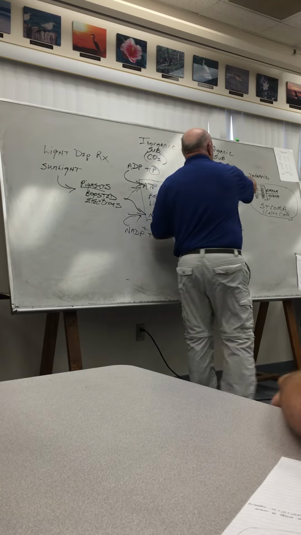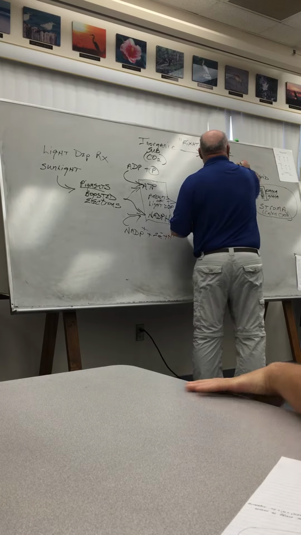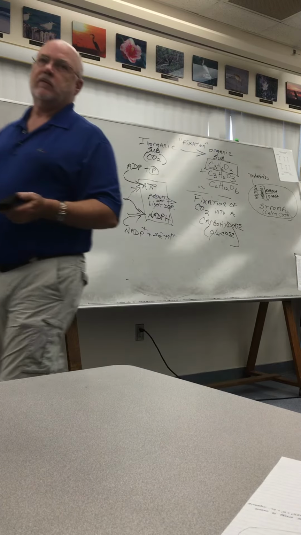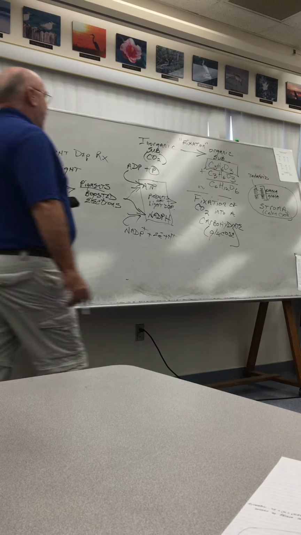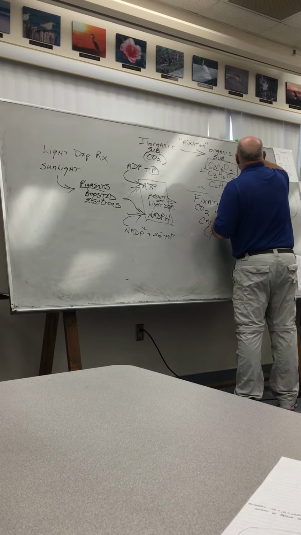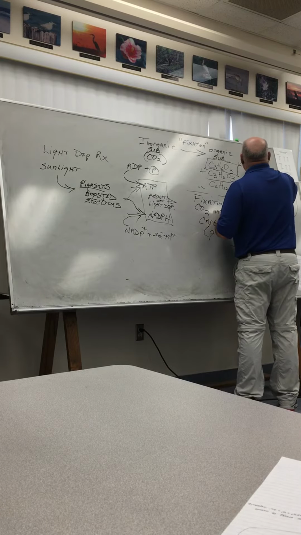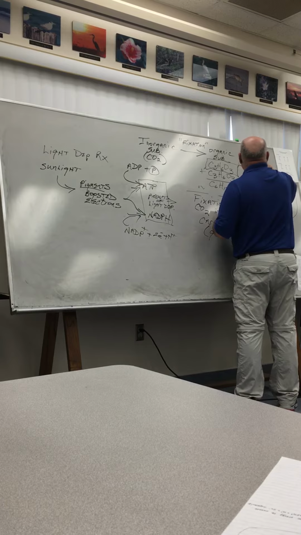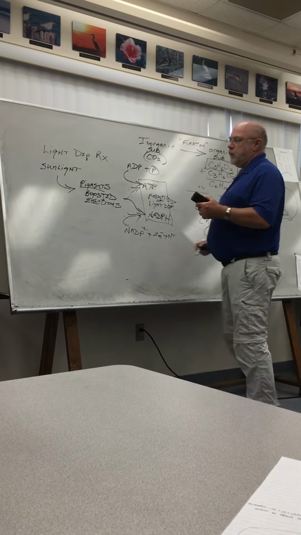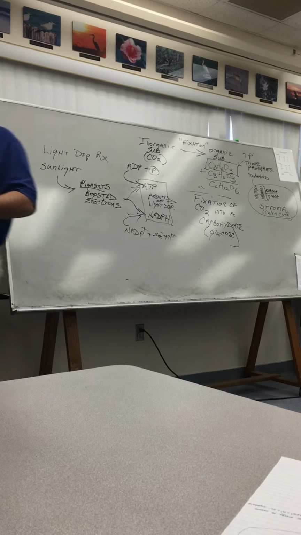So one of these two actually ends up being the direct product of the Calvin cycle, okay? It's a molecule that is abbreviated TP, or by name it's called triose phosphate. And when you see TP or triose phosphate, just automatically think half a glucose, okay?